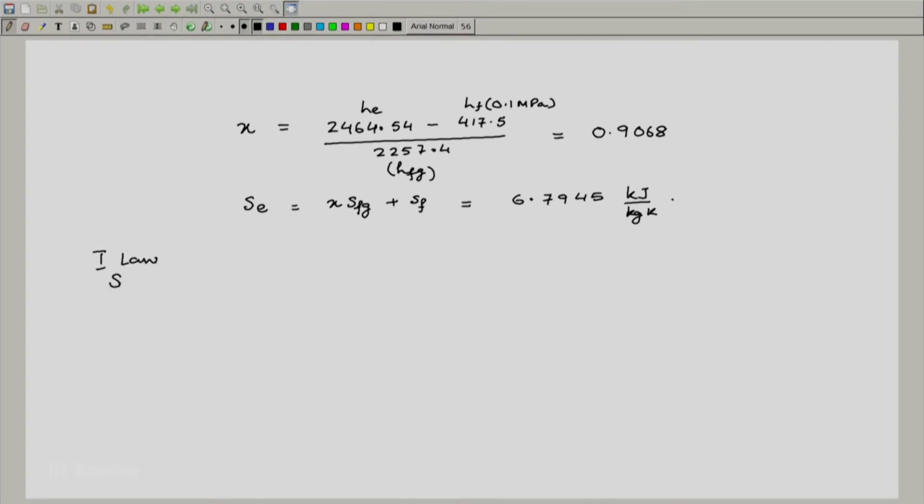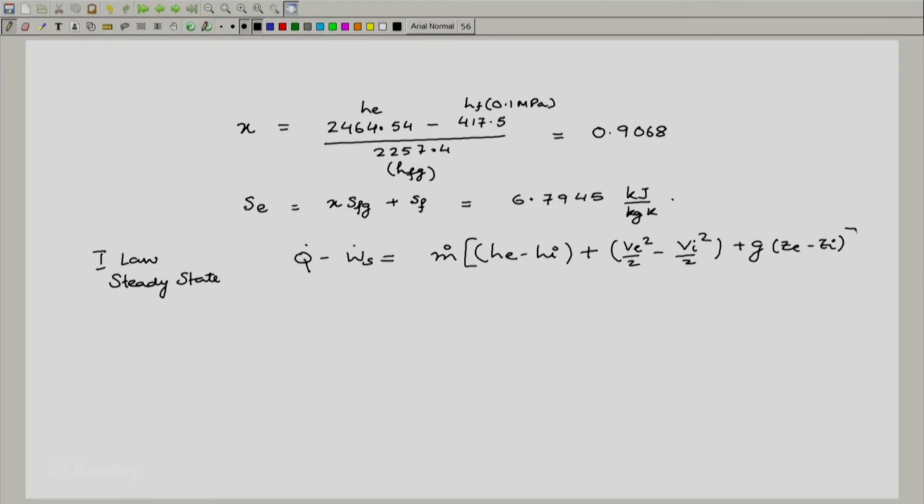We write the first law, steady state, Q dot minus W dot S is equal to m dot times He minus Hi plus Ve squared by 2 minus Vi squared by 2 plus g times Ze minus Zi. Now, notice that nothing has been said about the inlet and exit velocities and the difference in heights, and we have already discussed this much earlier when we were solving our second problem, that it is a reasonably good assumption to put these quantities as 0, because they are reasonably negligible compared to the delta H's that we get.